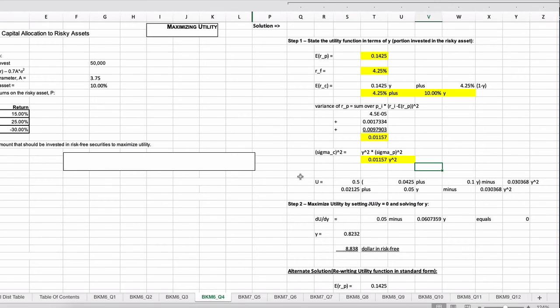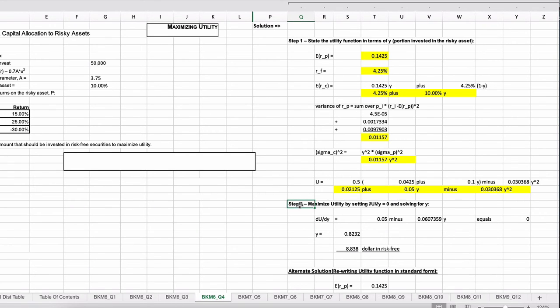Now we can set up the utility function in terms of Y. 0.05 times expected return of the complete portfolio we calculated here minus 0.7 times A, 3.75 times the variance of the complete portfolio, and we can simplify it.